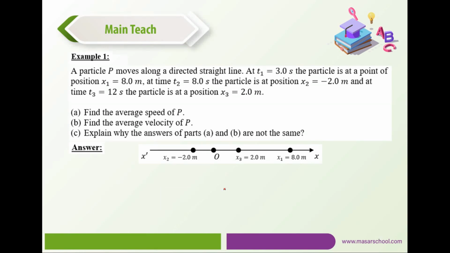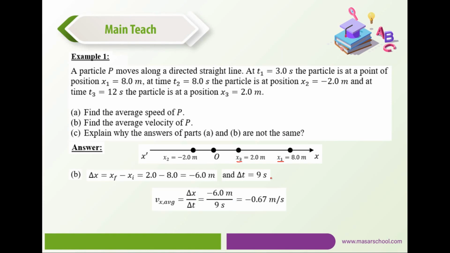Now the average velocity is displacement over delta t. The initial position is x1 and the final position is x3, independent of x2. Now x3 minus x1 is minus 6, and the duration remains unchanged, so the average velocity, delta x over delta t, is minus 0.67 meters per second.